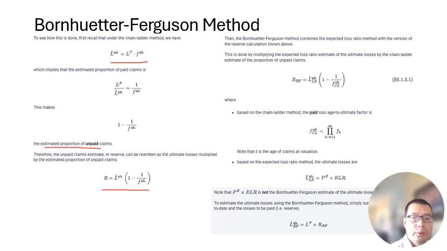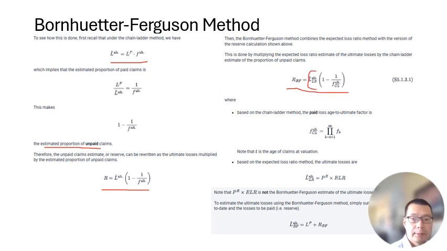Then the Bornhuetter-Ferguson method combines the expected loss ratio method with the version of the reserve calculation shown above. This is done by multiplying the expected loss ratio estimate of the ultimate loss by the chain ladder estimate of the proportion of unpaid claims. So in other words, this reserve calculation is done in two parts.